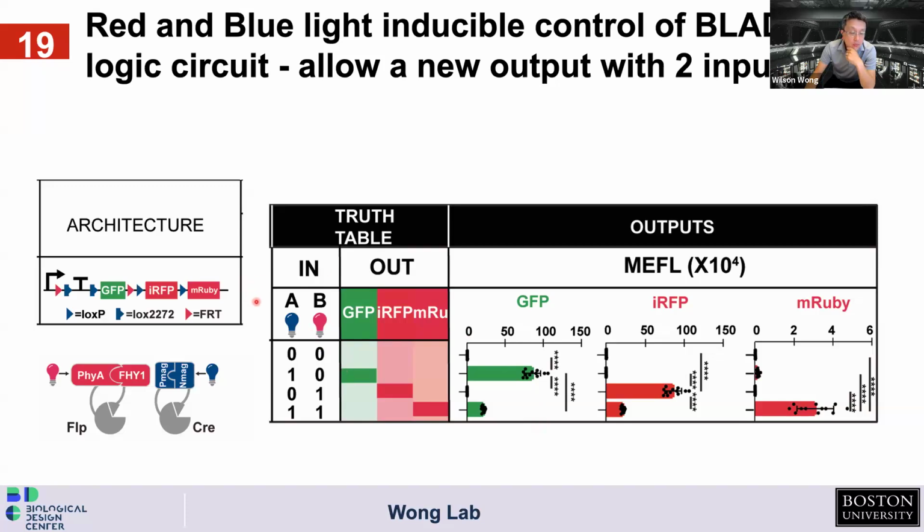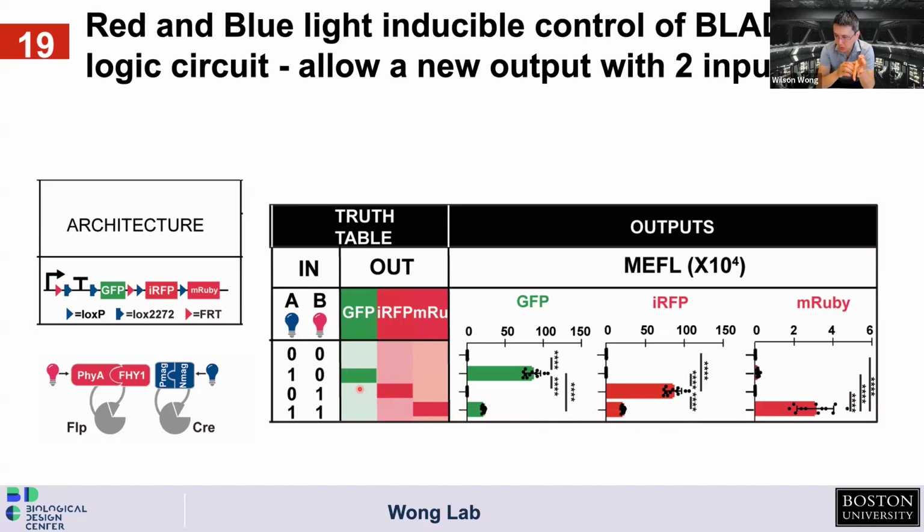What's nice about using the BLADE system is that, ignore, don't look too hard at this little leakiness yet, but I have two inputs only, right? I have blue light and I have red light. I actually now created 3 unique outputs, depending on the combination of the lights.